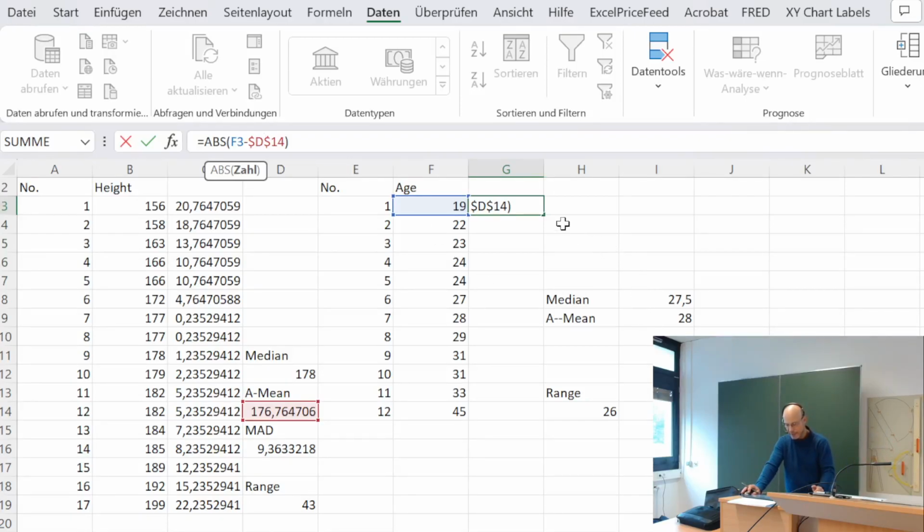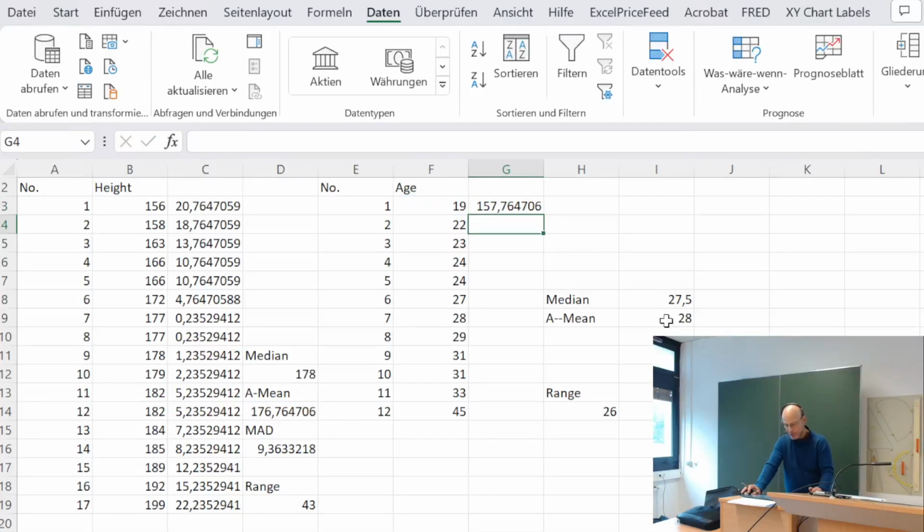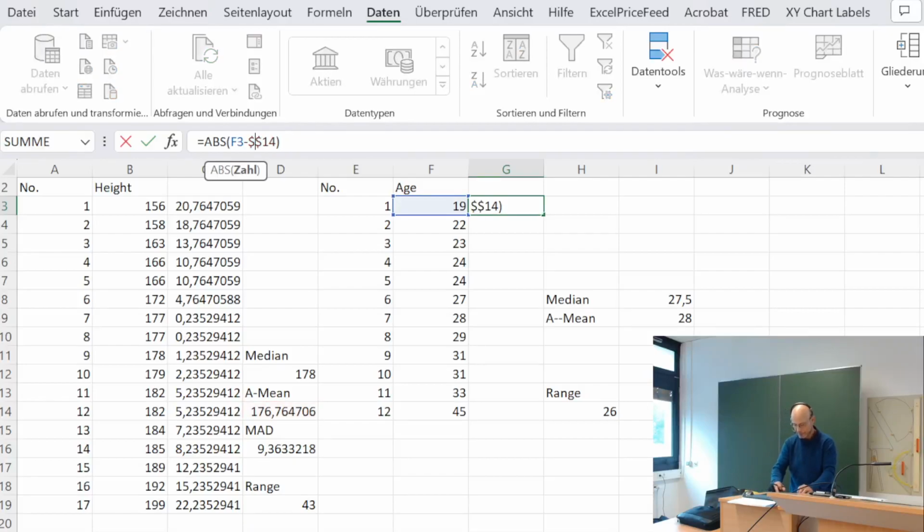So where do we find now the average of our second sample? This is the 28 here. Therefore, we have to change D14 with, what is it, I9. And you see already here, this becomes red, and you know where your formula takes the data from.